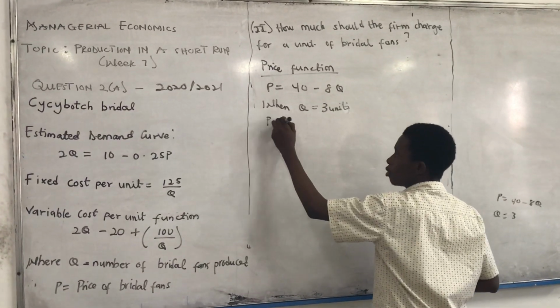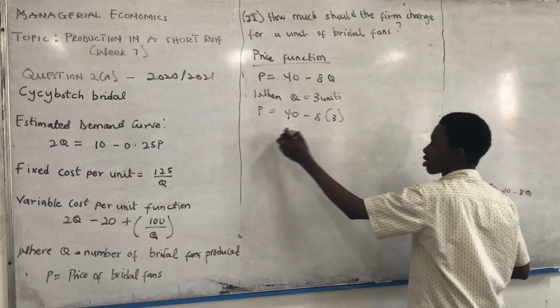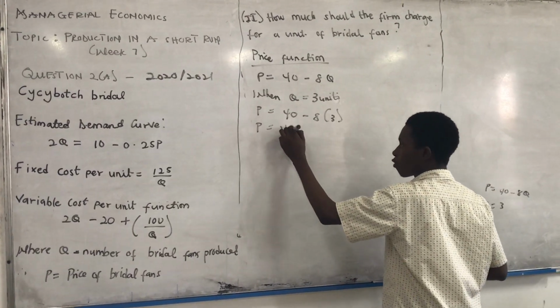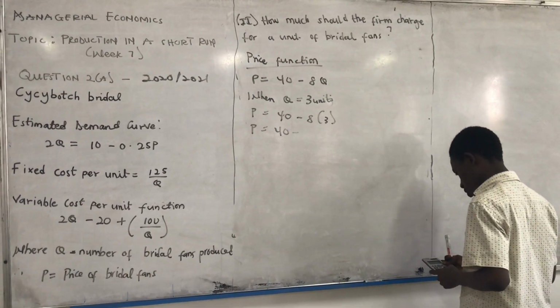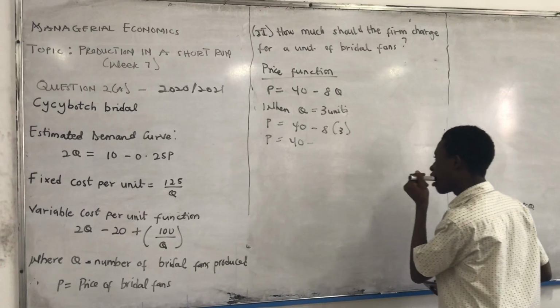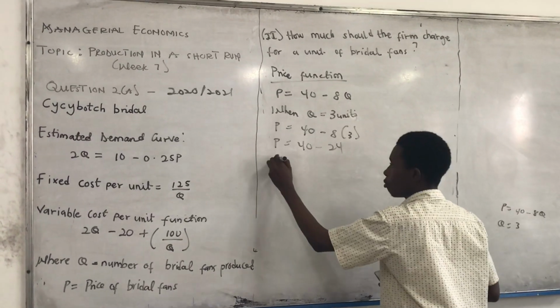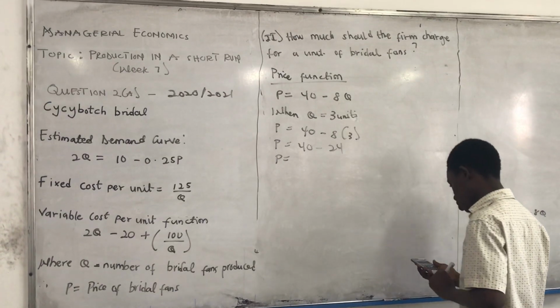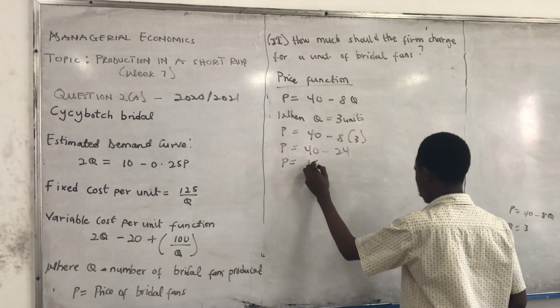So when Q is 3, we have P is equal to 40 minus 8 times 3. 8 times 3 is 24. So 40 minus 24, we have 16.